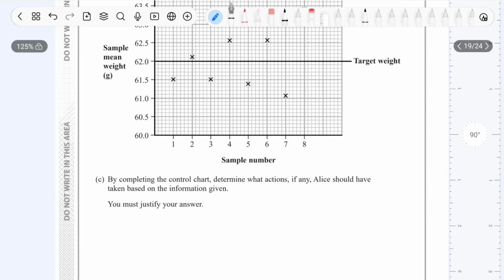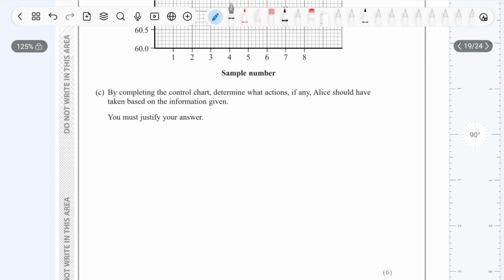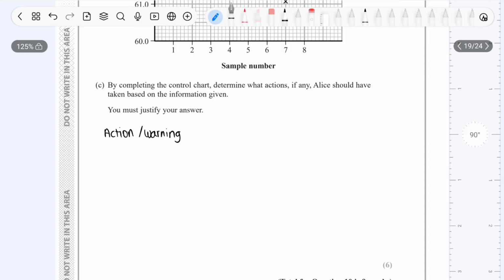However, quality assurance isn't particularly difficult. You just need to know some specific things. Now, there's something called action lines and warning lines. It's quite self-explanatory. The action line is when you're actually going to act on something, and a warning is perhaps when you're just about to act on something but not quite yet.